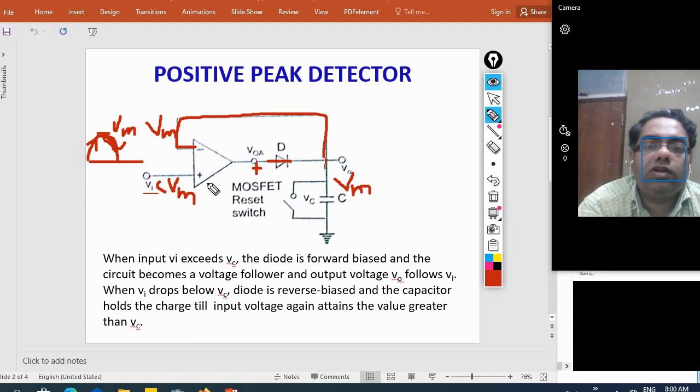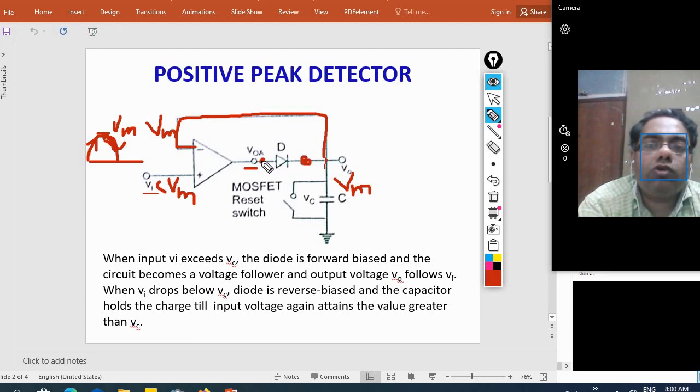So the output of the op-amp will now become negative, and the diode will be reverse biased and it will become off. Reverse bias means we can replace the diode with an open circuit.